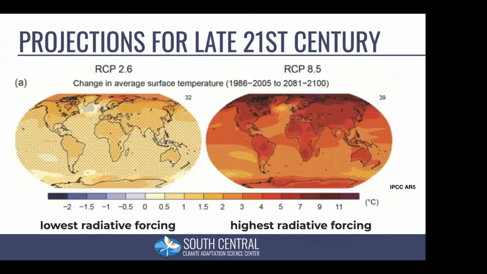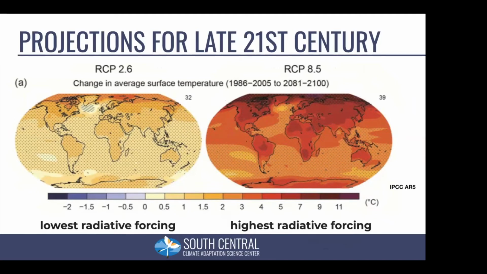That means that when you look at global climate model projections, you need to read both the time frame of the projections and what scenario the projections are generated from.